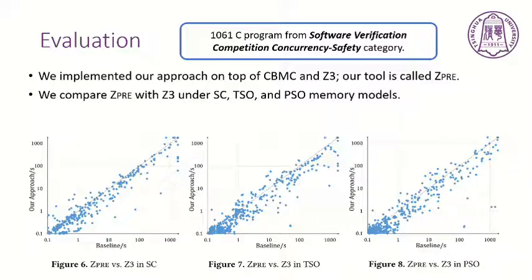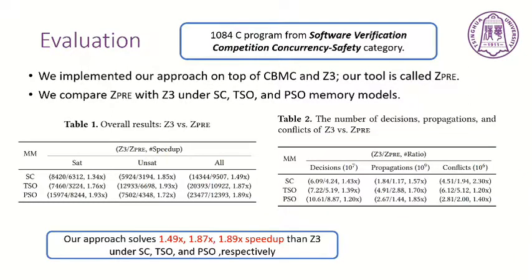Each point under the diagonal represents a case where our method performs better than Z3. Those figures show that in most cases, especially in complex programs, our interference relation guided SMT solving can achieve higher efficiency. Table 1 summarizes the experimental results. Our approach solves more cases and is faster than Z3.